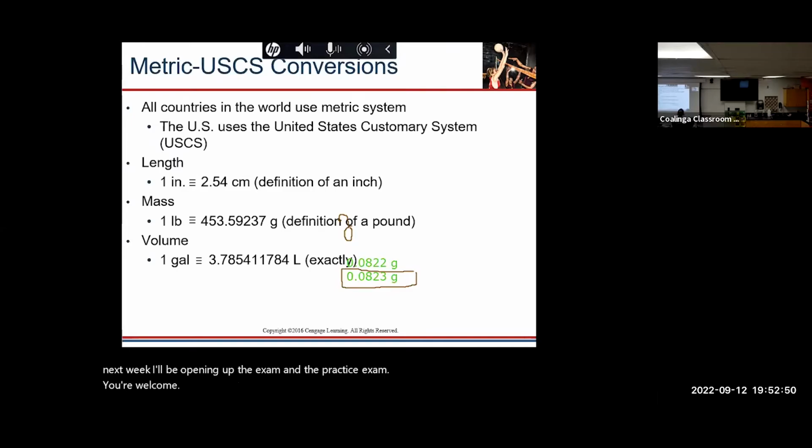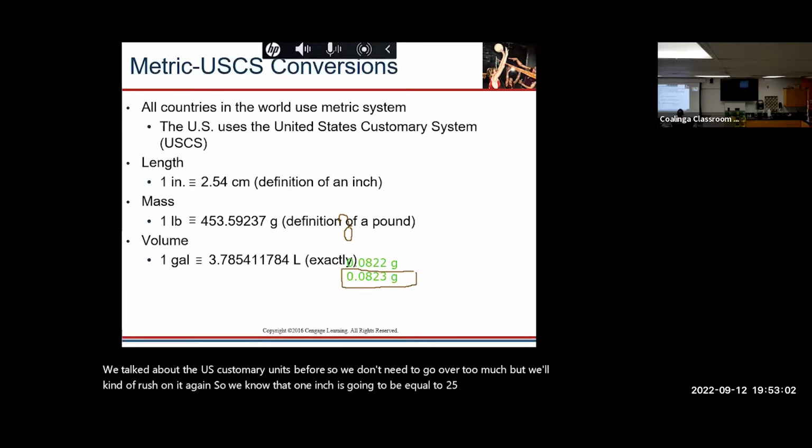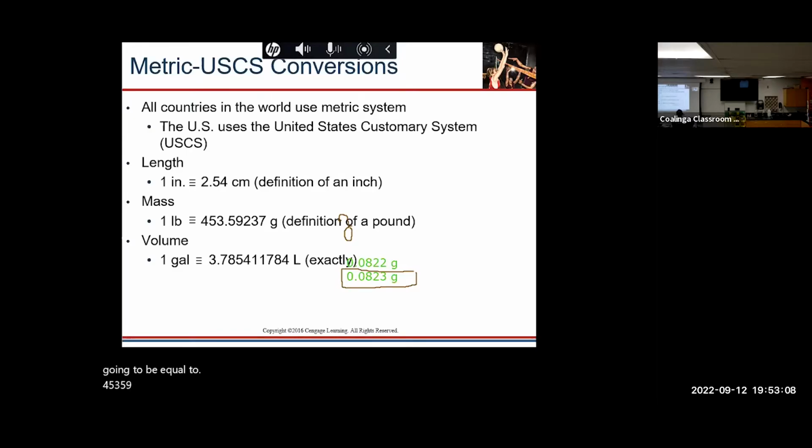Okay, so we've talked about the US customary units before, so we don't need to go over too much, but we'll brush on it again. So we know that 1 inch is going to be equal to 2.54. 1 pound is going to be equal to 453.59227 grams.